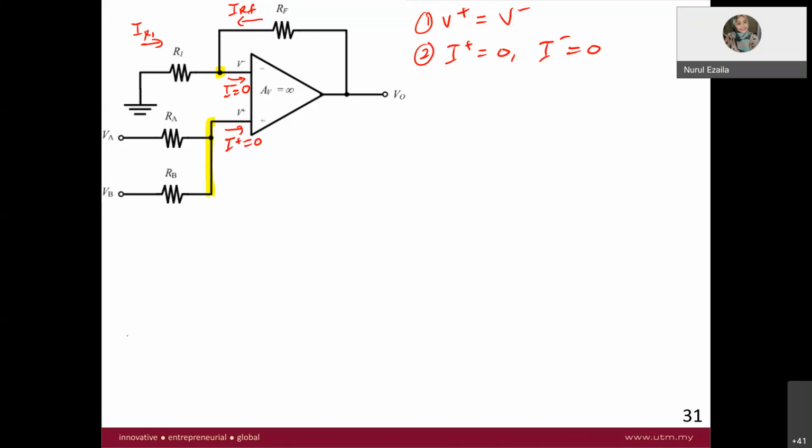So you have here IRA and IRB. Now let's do KCL at the inverting node, at node V minus. The current in is equal to the current out. So what is the current in?